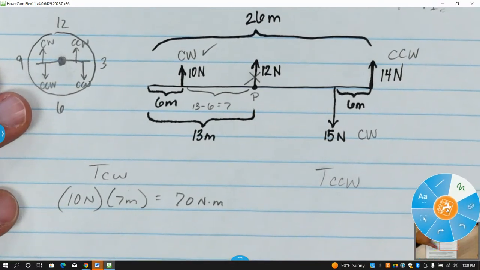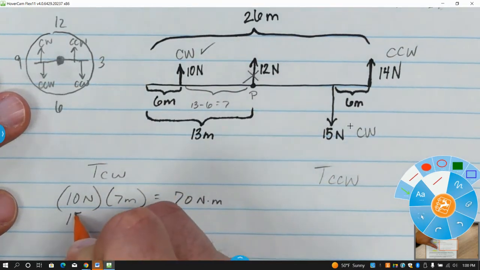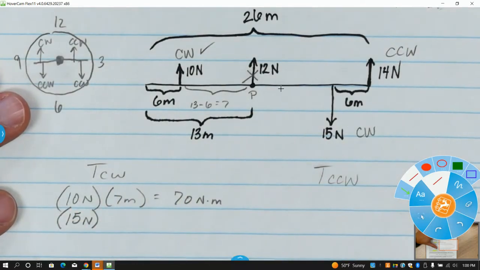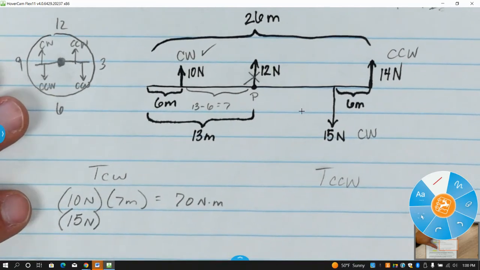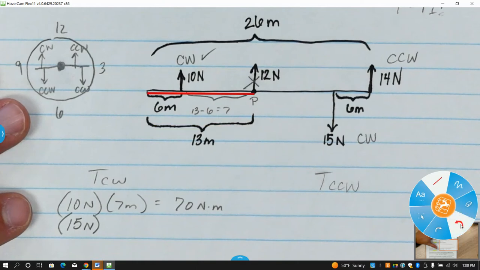Do we have any other clockwise forces? The 15 newtons, so I'm going to write 15 newtons. And how far is this from P? 7, right? It's the same distance. It's split in half. If from here to this side they tell us is 26, that means this whole side has to be 13.